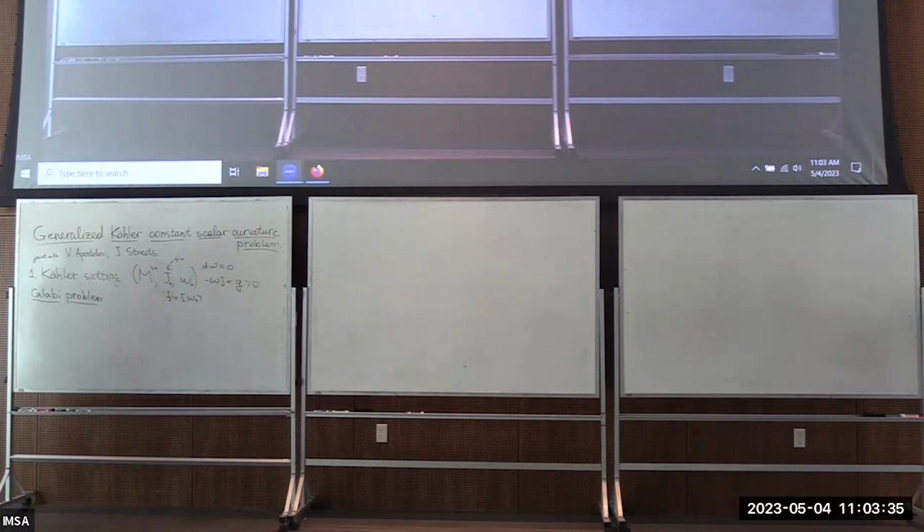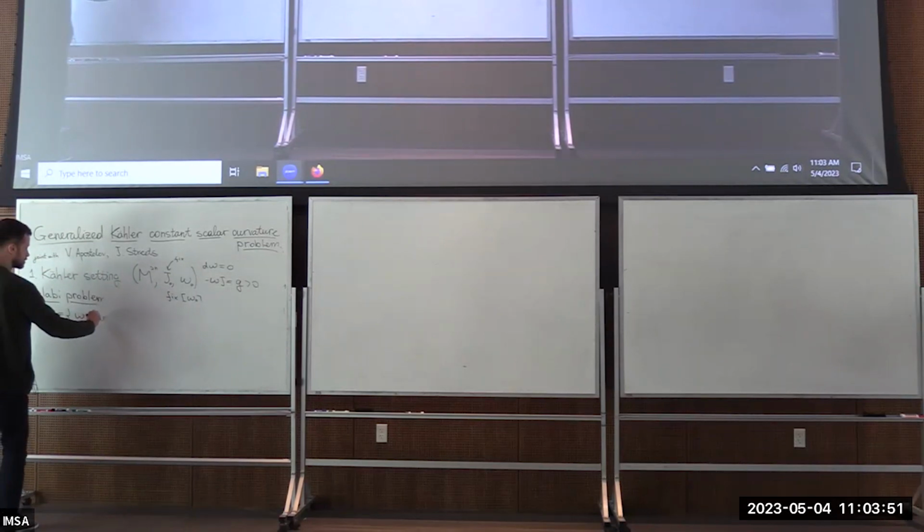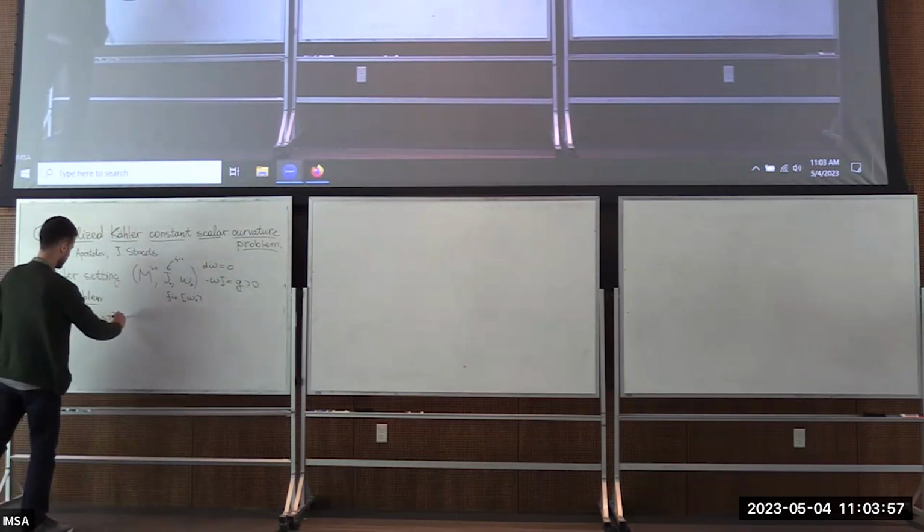And with any Kähler class, you might want to find, for instance, a metric of constant scalar curvature. So the Kähler class will be denoted by K of omega 0. These are all Kähler metrics which belong to the same cohomology class. But that's a clumsy description, because in the Kähler case you can describe it much better by the ddbar lemma.